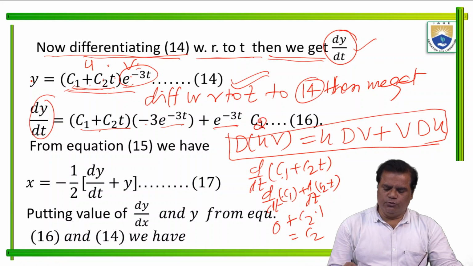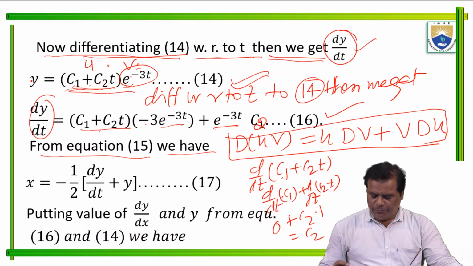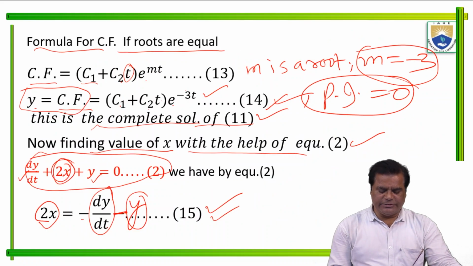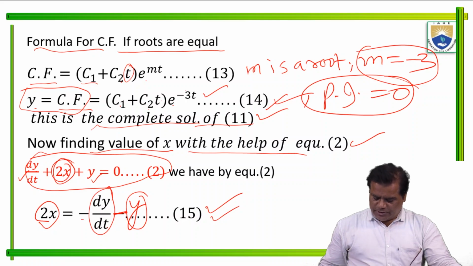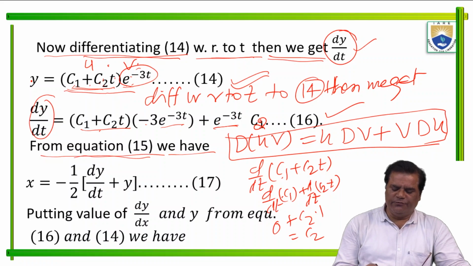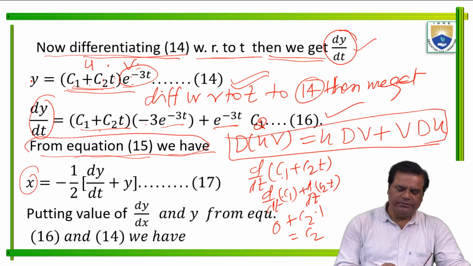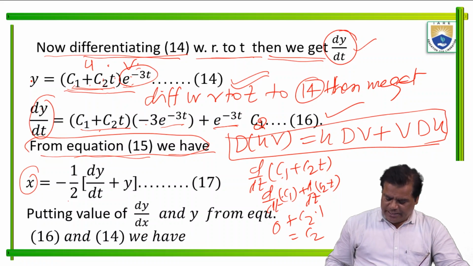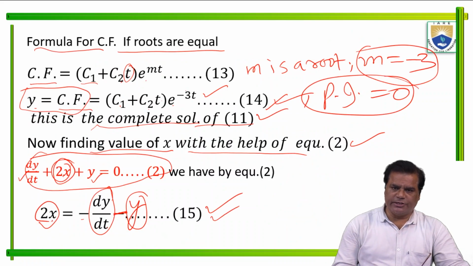So here writing e to the power minus 3t into c2. This is equation 16. From equation 15 we have 2x equal to minus dy/dt minus y.